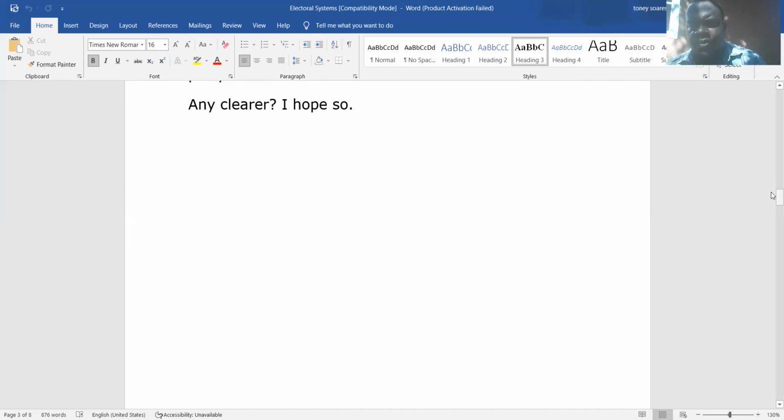Good. Under proportional representation, the entire country is seen as one constituency, and voters vote for political parties. Political parties put up the list of candidates based on the amount of seats that are up for grabs. So if there are 10 seats, the political party will put their candidates in ascending order. That's what I should say. I hope I'm using the term ascending or descending properly, right?